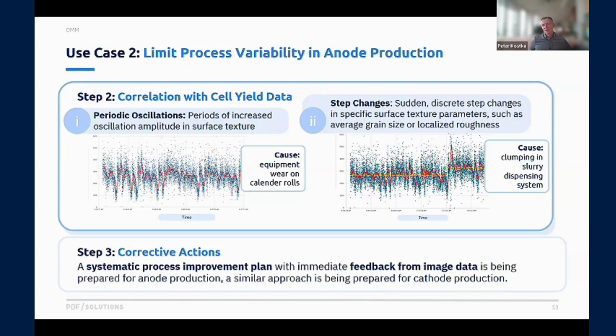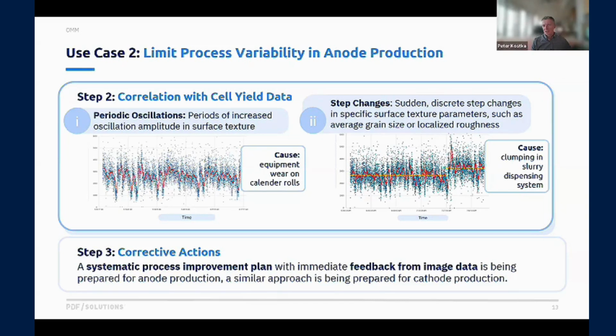How much of this data collection do we need to do to be confident that we've really identified the root cause through like a natural design of experiment, and then they are able to adjust the process parameters upstream, and then we'll be able to tell them if those adjustments were effective in reducing this variability.